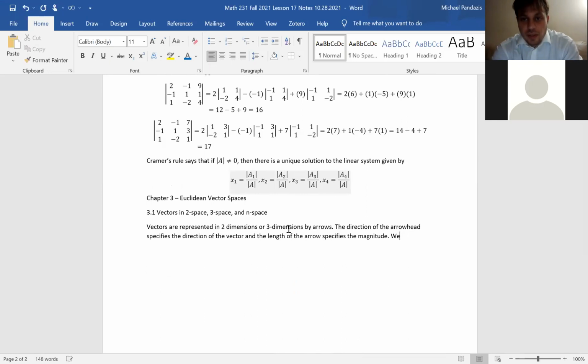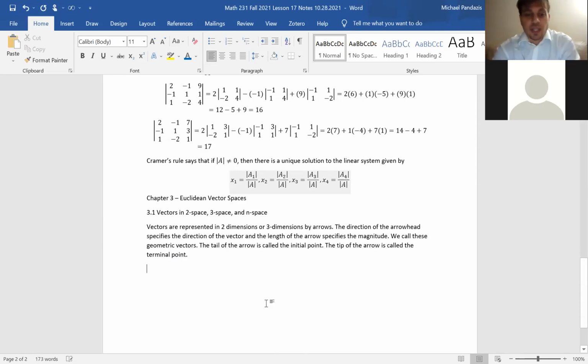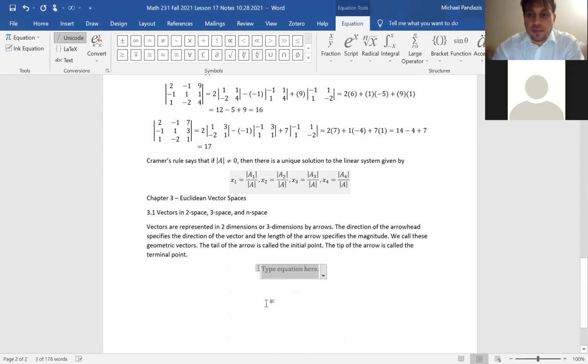Mathematicians call these geometric vectors. The tail of the arrow is called the initial point. The tip of the arrow is called the terminal point, the point where it has the arrowhead.